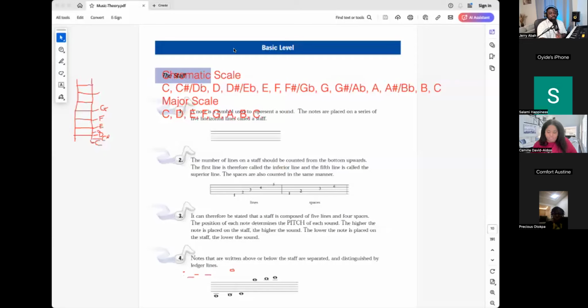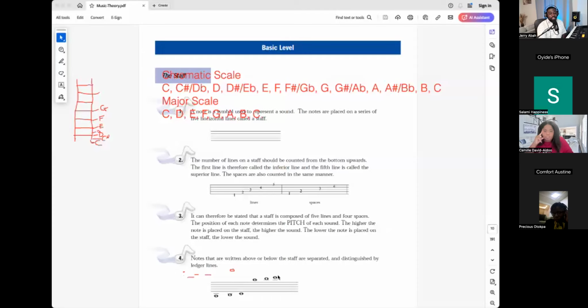So, if you were able to do more than 10, that means these 5 lines and 4 spaces cannot capture the range of your voice. So the 5 lines and 4 spaces is limited. In order for us to be able to capture the extra notes, the moment you got to 10, 11, 12, 13, and so on, we needed to add what we refer to in music as ledger lines.